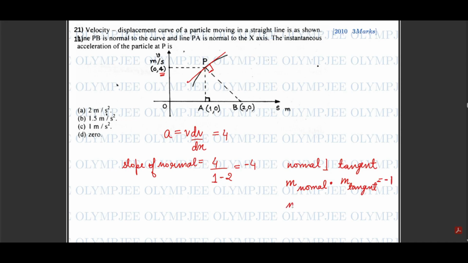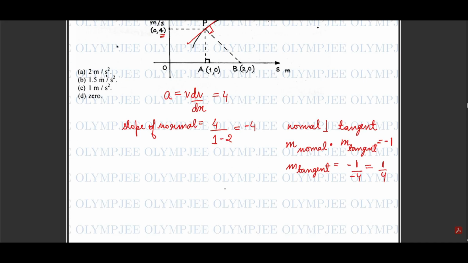So we get that the slope of tangent is minus 1 by minus 4. So this is 1 by 4. So we can calculate the acceleration now, which is 4 into 1 by 4. This was dv by dx, which is 1 meter per second square. So this gives us C.